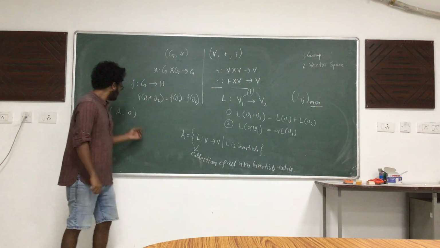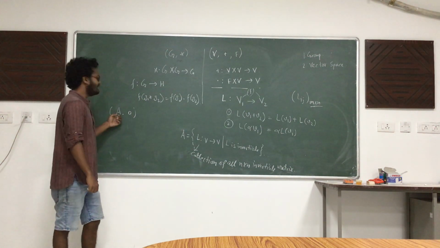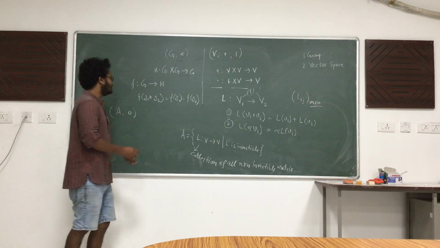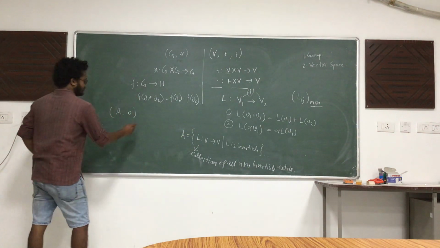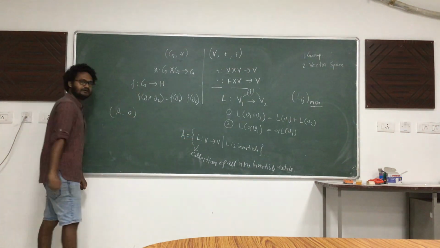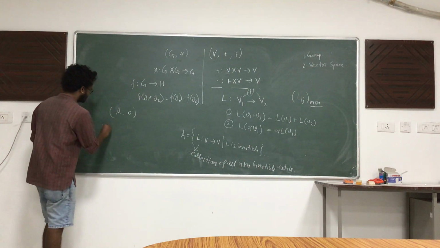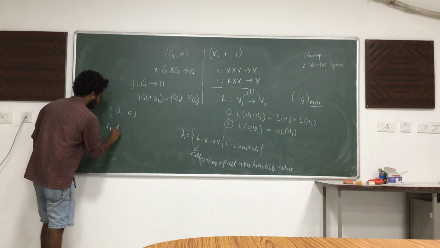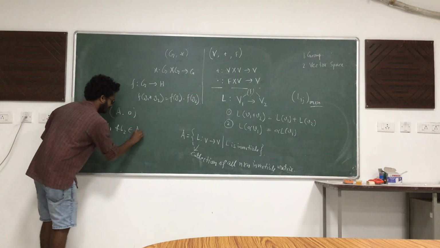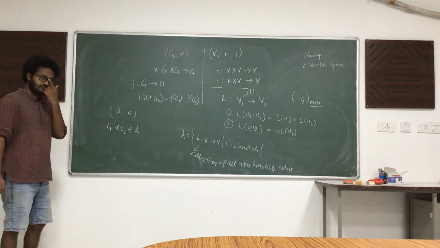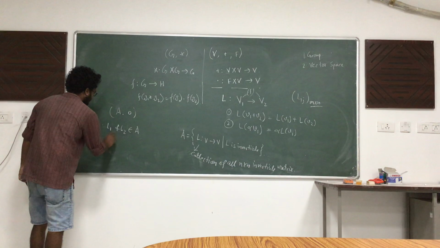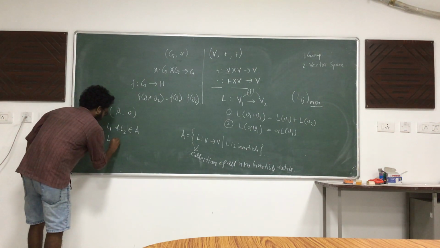Under the composition binary operation, A has a group structure. How? Let us take two elements from A, say L1 and L2, and we define the binary operation to be L1 composed with L2.